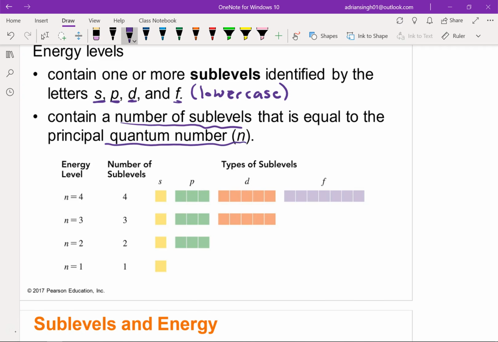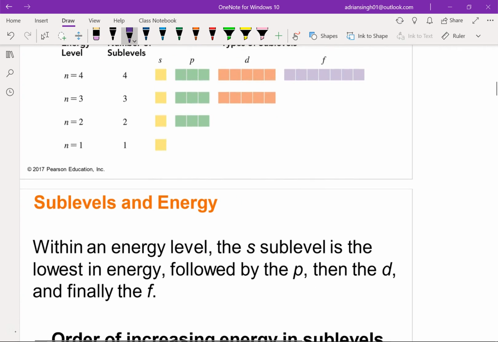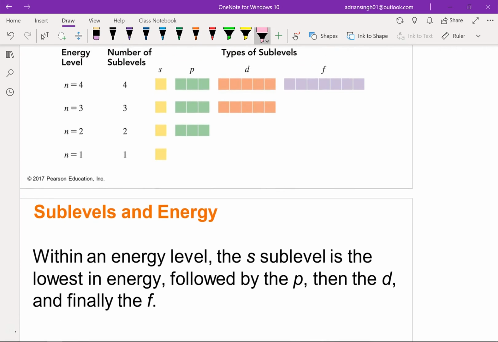All right, so for example, we'll start here at the bottom. For the first energy level, n equals 1, there's only one sublevel, and that sublevel is the S sublevel.